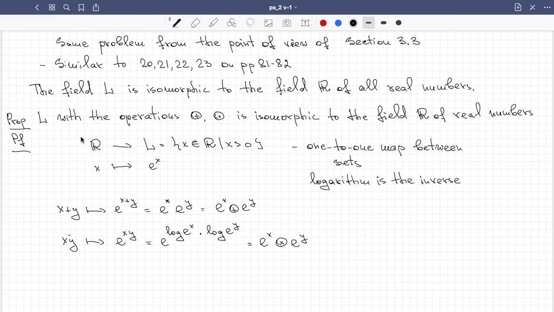This argument shows us that because L is basically the same up to relabeling, L is also a field and has all these properties. If we approach the problem in this way, we do not need to check the properties directly one after another.